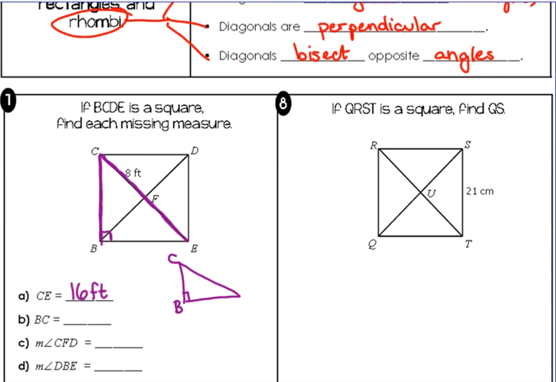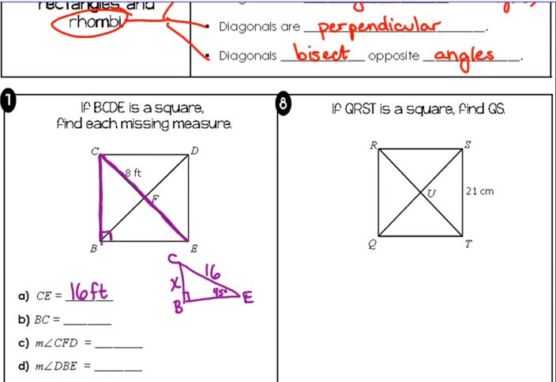This is B, C, and E. I know from C to E is 16. I don't know anything else other than this is a right triangle. Now, I do know something else though. These angles at C and E are bisected. So they were 90, they're cut in half, so half of 90 is 45.